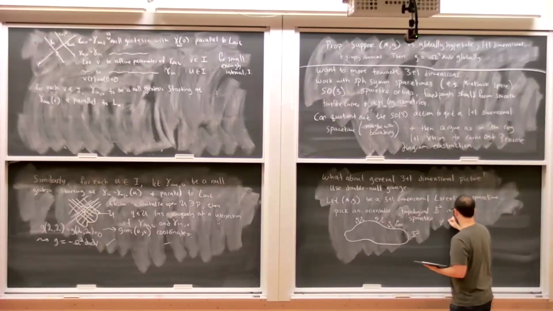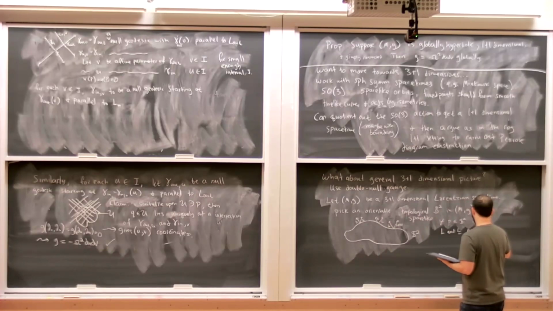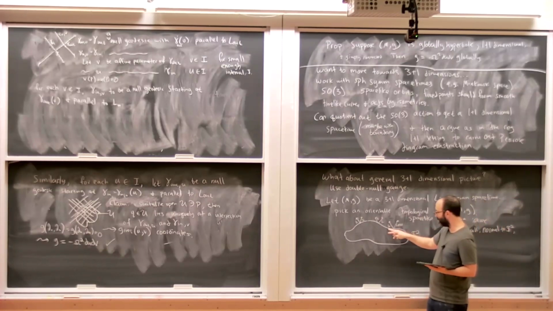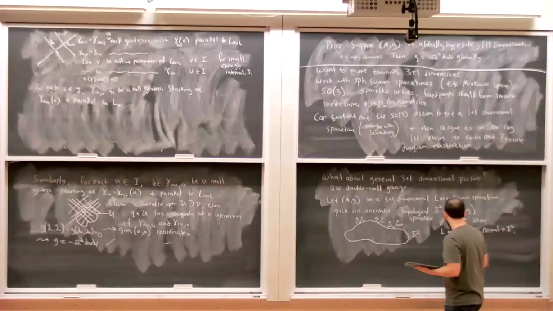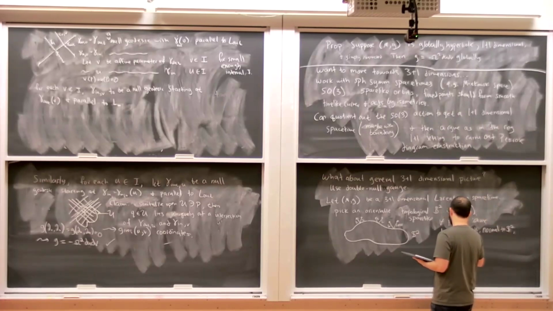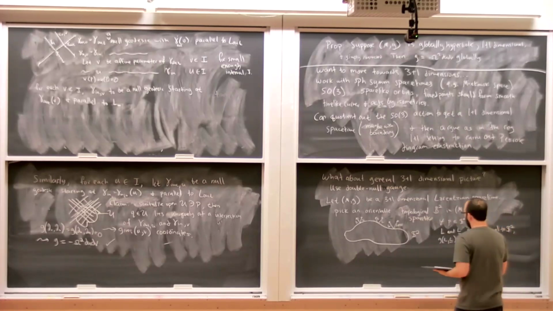So for every p in S2, I want to choose L and L bar, which are null and normal to the S2. That means they're orthogonal to every vector in the tangent space of S2. And these should be different, so make sure that their inner product is not 0.